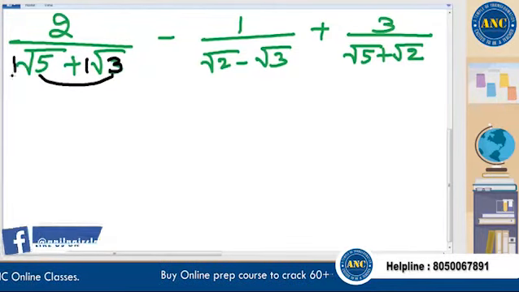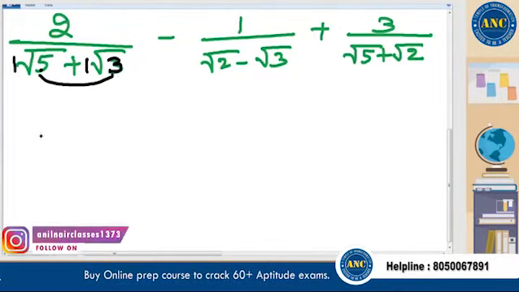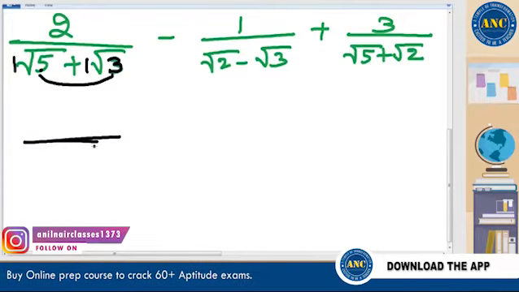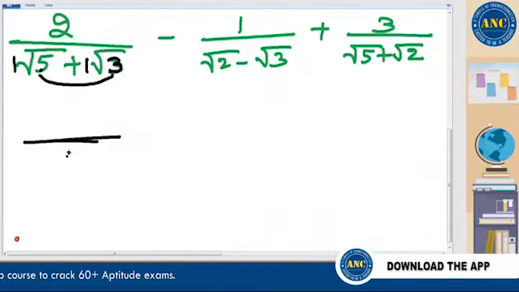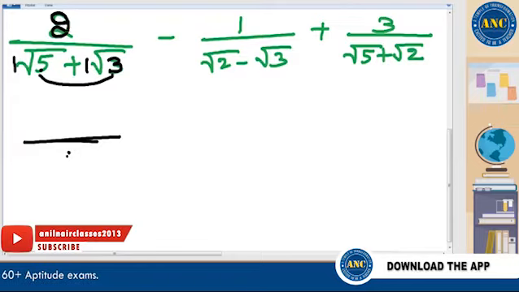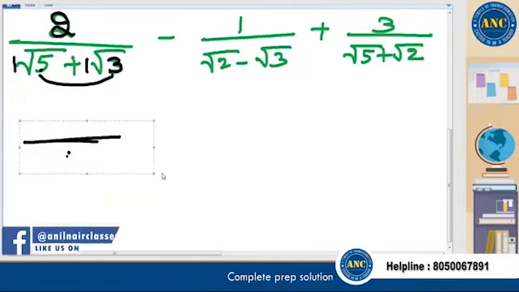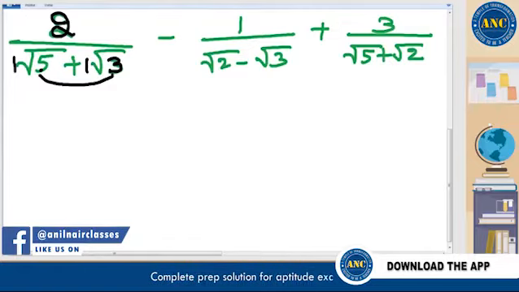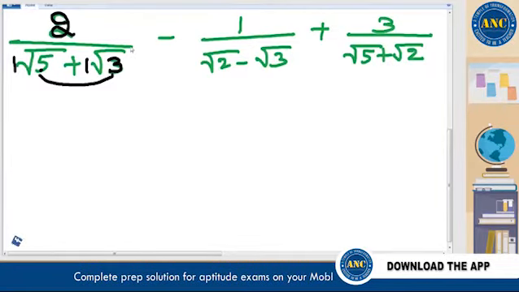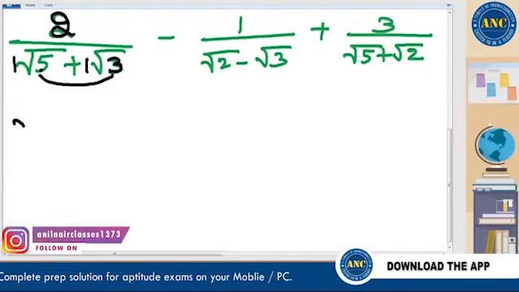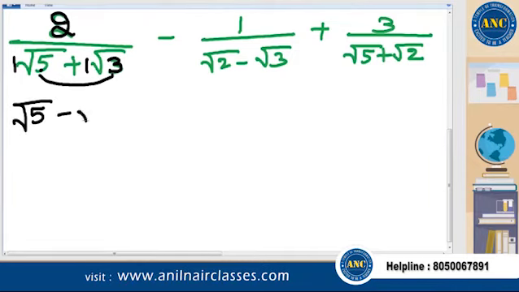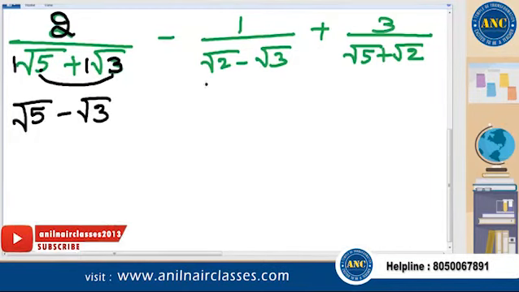So same logic. 5 minus 3 is 2. The denominator is 2. This 2 will cancel with the numerator 2. That means the denominator is 1, which I need not write. So the only thing left in the numerator is the rationalized term of root 5 plus root 3, which is root 5 minus root 3.